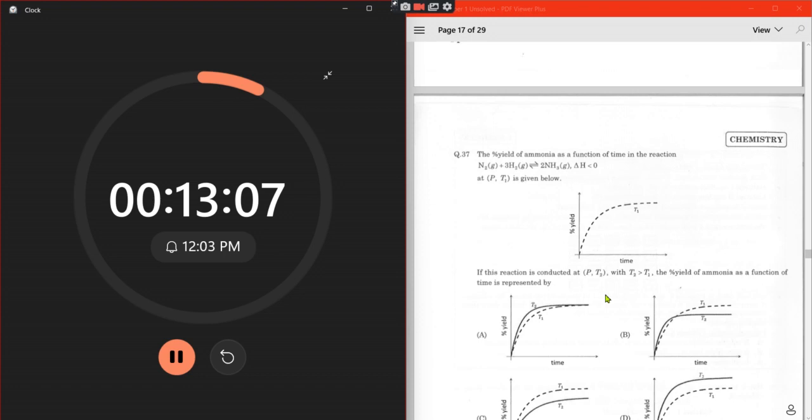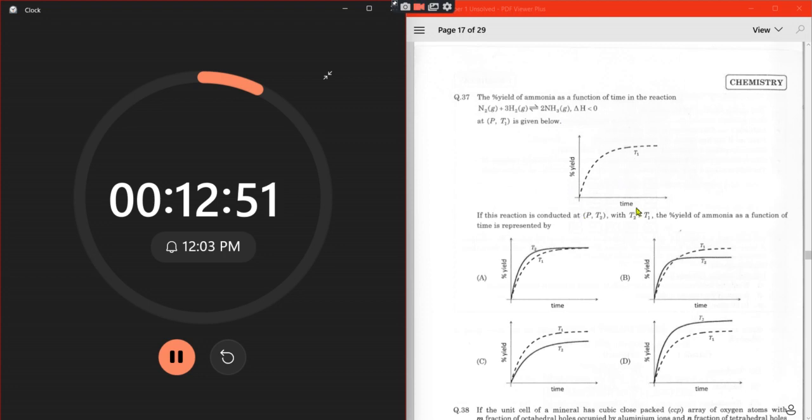Wait, delta H is negative, you are saying? Oh, then this thing is positive already. This is actually going to decrease, meaning e power that also decreases. Your K as a whole decreased for the forward reaction, which means your percentage yield will decrease. So it will be less in the end, of course, which is, I think D is correct, right?